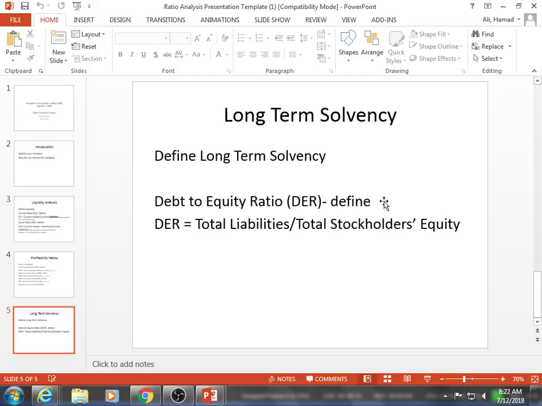Okay, so we were up to here. This is slide number 5. So what is long-term solvency? What does solvent mean? That's when the business is in debt, and how long can you survive.